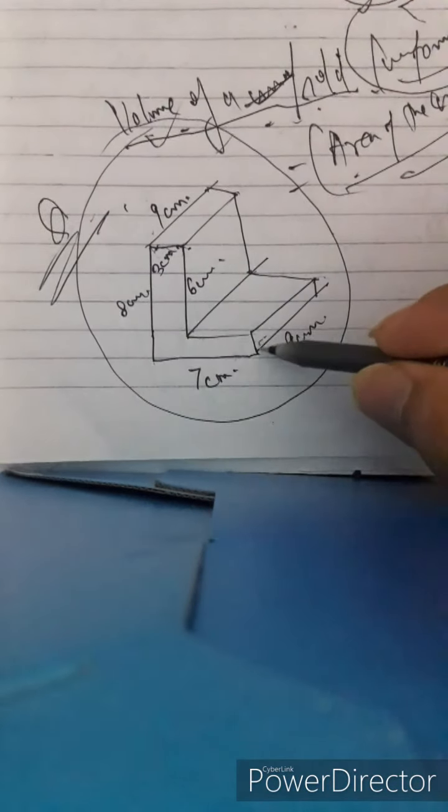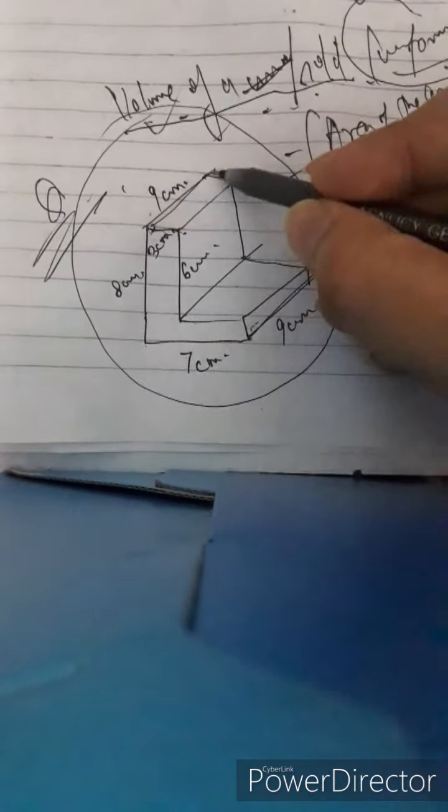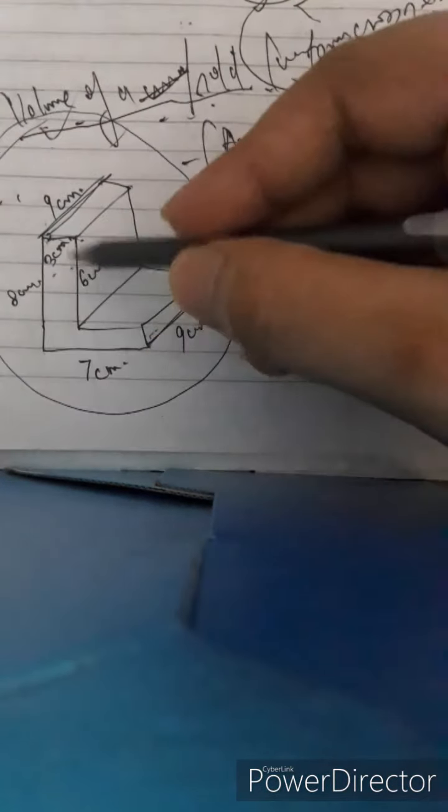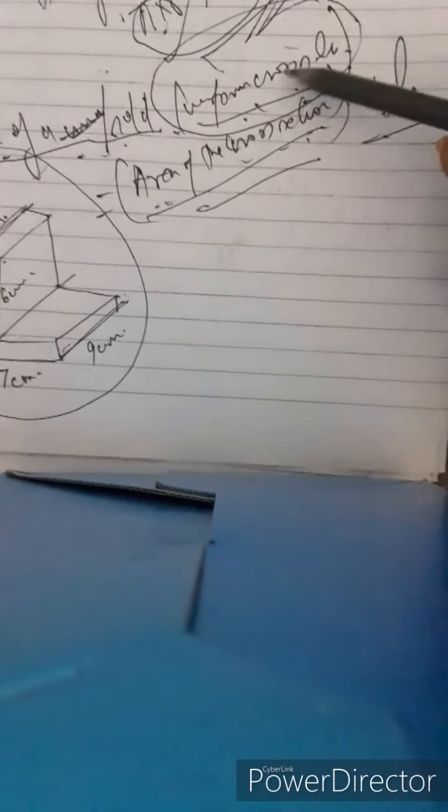We know the length of the solid is 9 centimeter. We have to find the area of the cross section so that we can put it in this formula: volume of the solid of uniform cross section equals area of cross section into length.